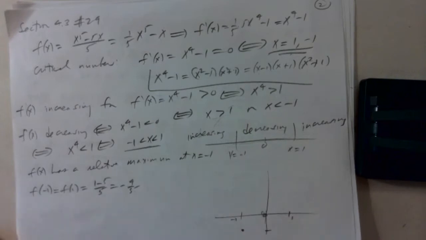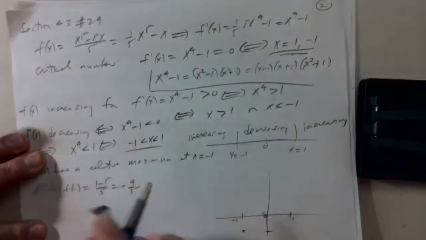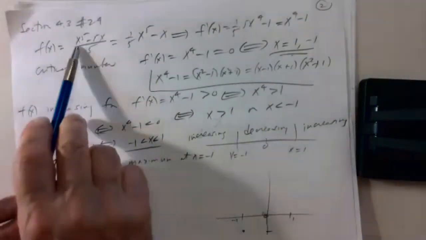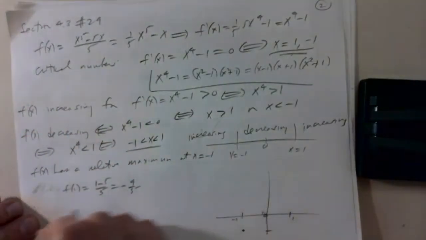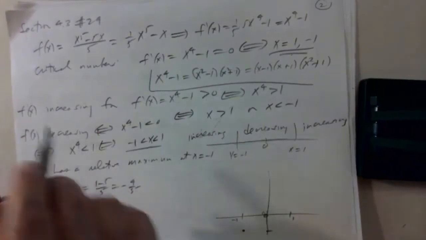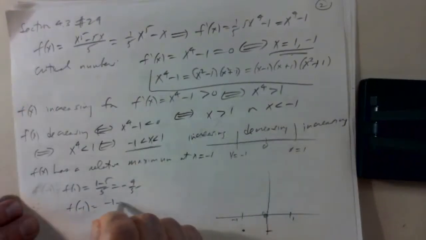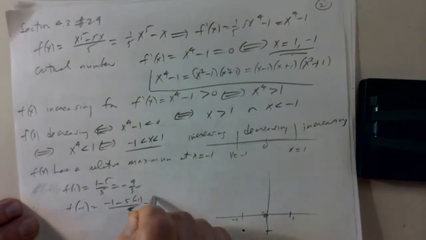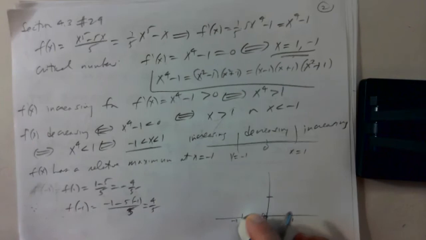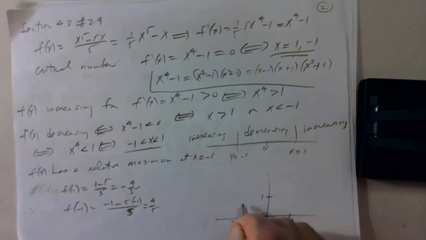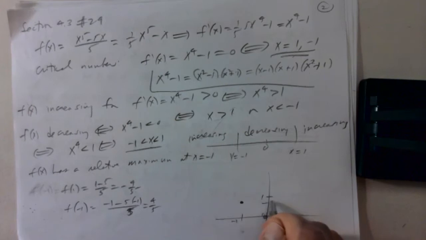Oops, sorry. What I said wasn't correct. F of 1 is 1 minus 5 over 5, which is minus 4/5. F at -1, x to the 5th is -1 minus 5 times -1, over 5, excuse me. That's plus 4/5. So at -1, the value is 4/5. At 1, the value is minus 4/5.